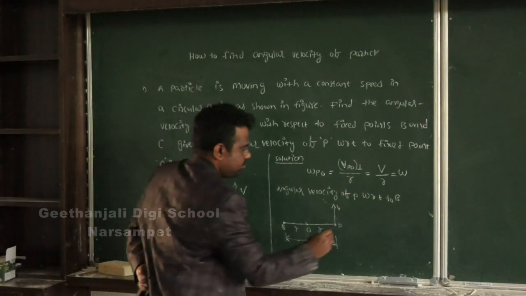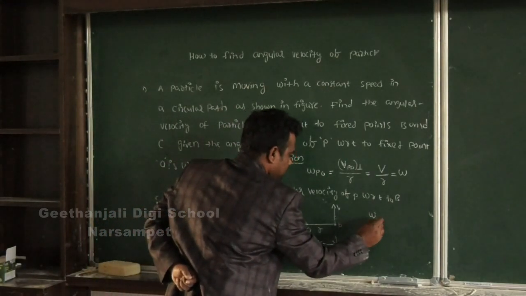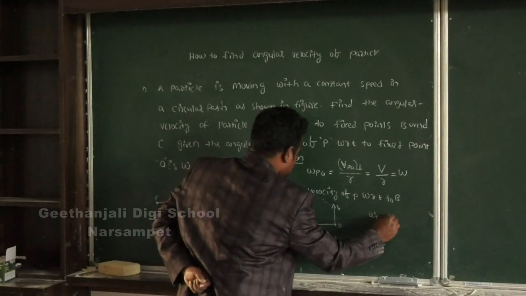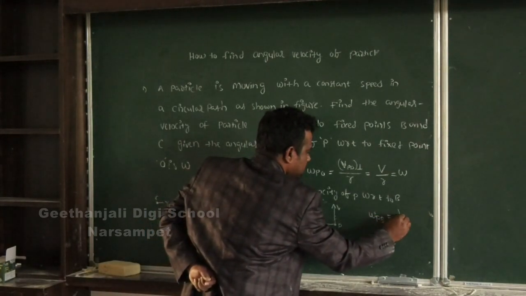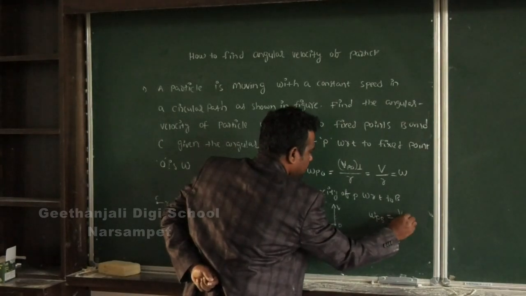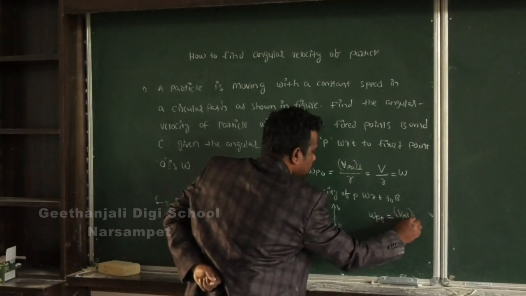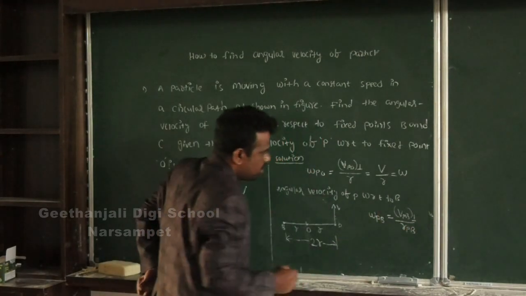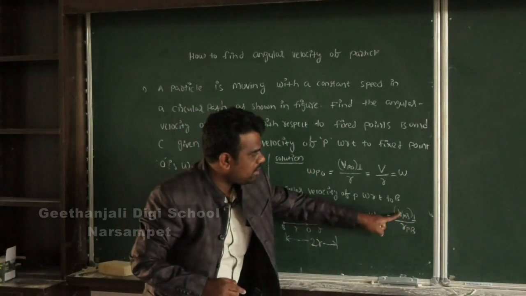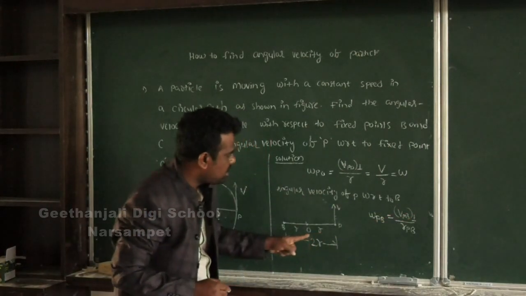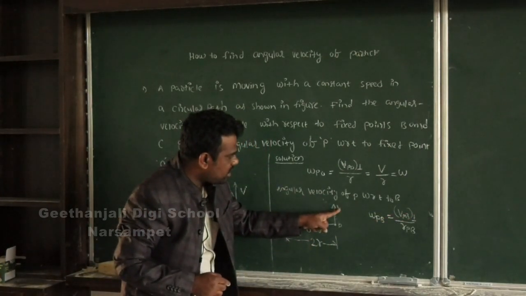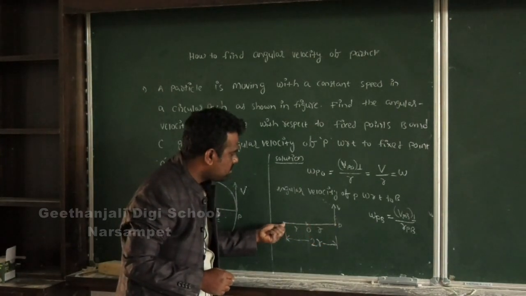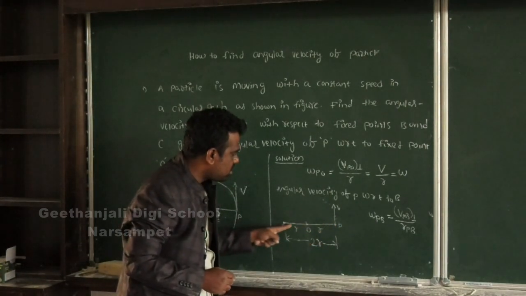Now omega_PB equals, what do you write? Velocity of P with respect to B, but this is the perpendicular component, by R_PB. What is the meaning of V_PB perpendicular? The component of velocity which is perpendicular to the position vector.